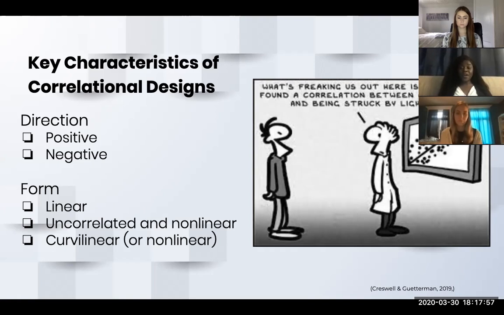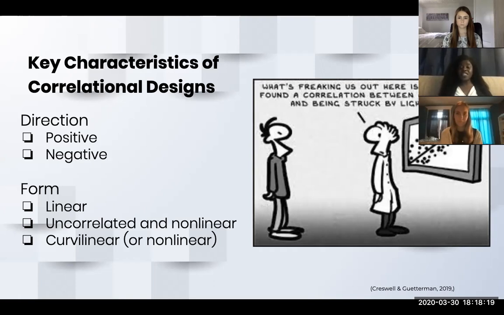Now for this one, I will have to virtually draw what I mean when I explain these things. But overall, curvilinear happens when a variable increases or decreases up to a point where the variables start to change direction. And there are two examples of this.